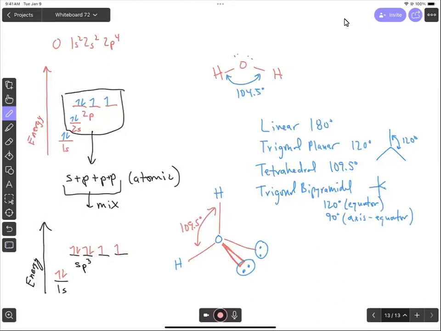And then octahedral should be pretty easy as well because in an octahedral, we've got 6 electron domains and everything is 90 degrees. 90 degrees around the equator, 90 degrees from the axis to the equator for those bond angles.